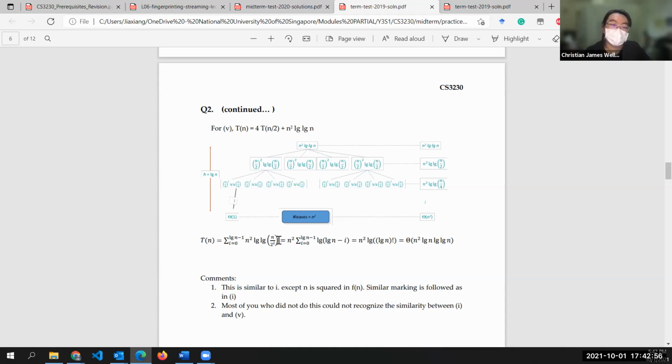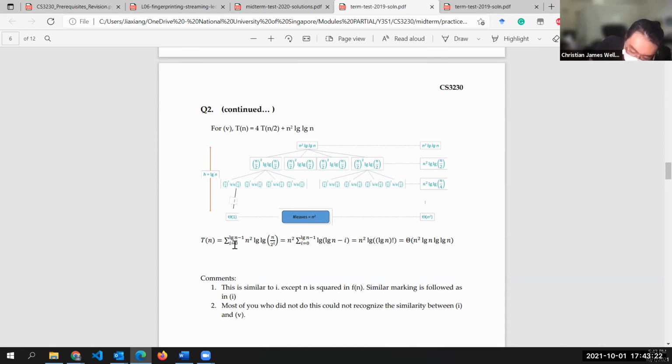Okay. Then sorry, another one is I'm actually not sure why, in this tier, they did it. It seems to me that they didn't add the last level in. Like there are log n levels from 0 to log n minus 1, which is the second last level. No, I think there are log n levels, right?